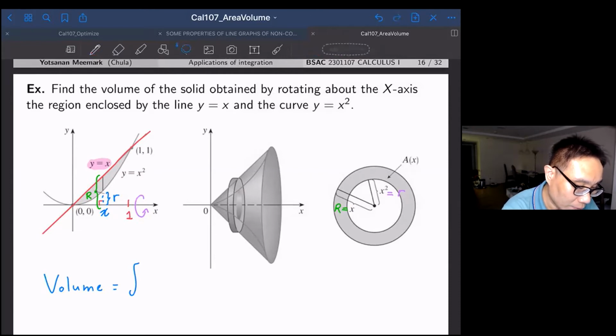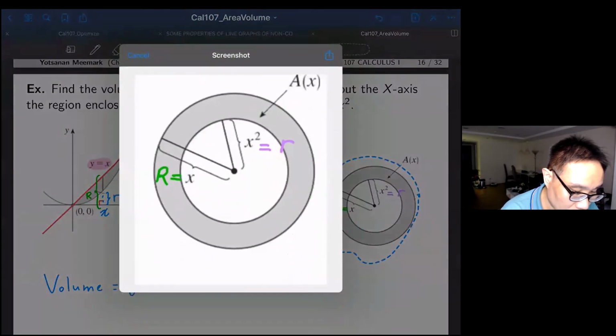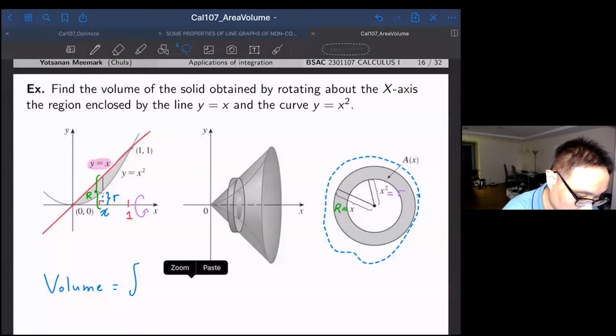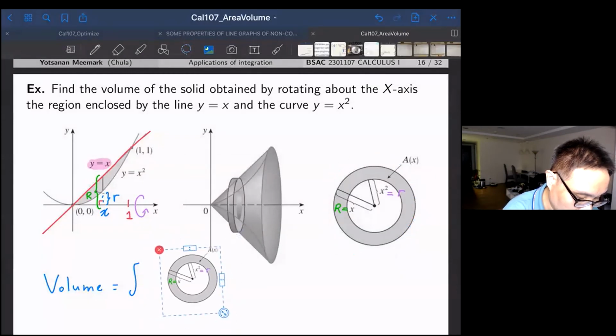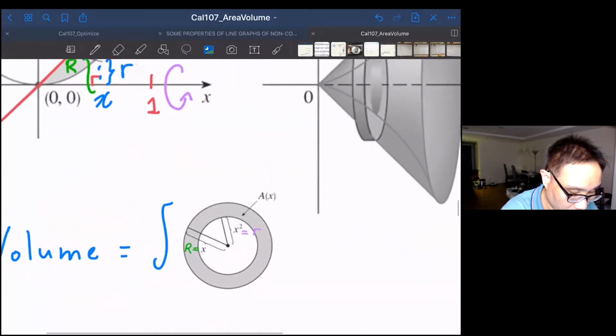Let me take a screenshot here, copy it, and paste it here. So this is how we're going to see this picture.